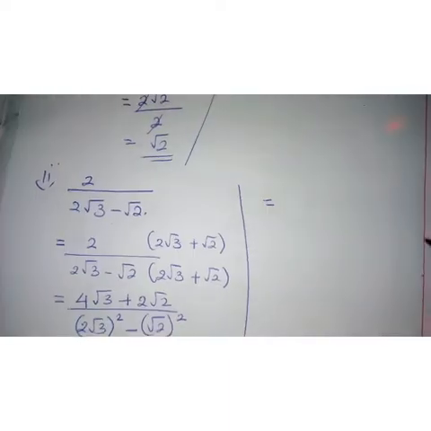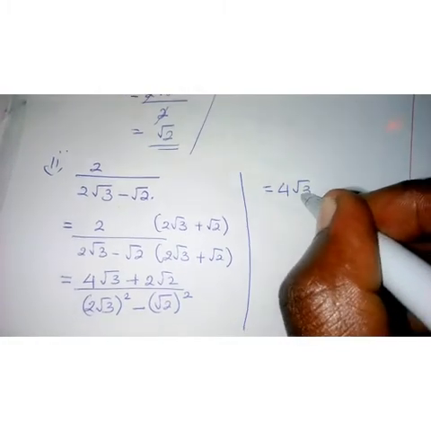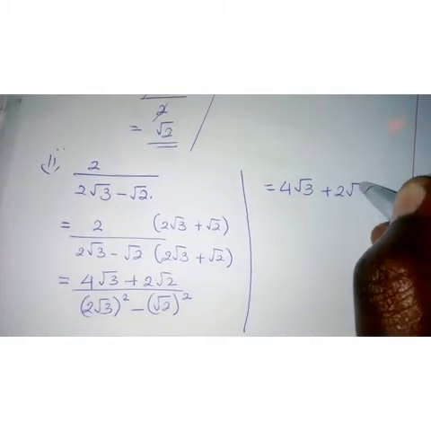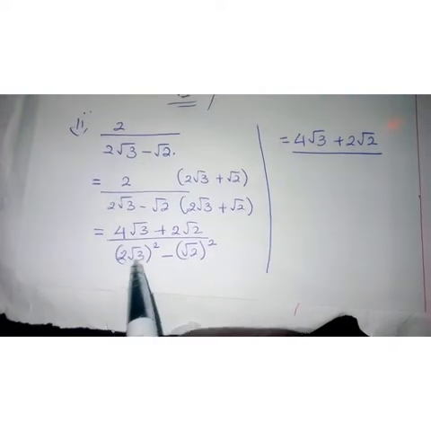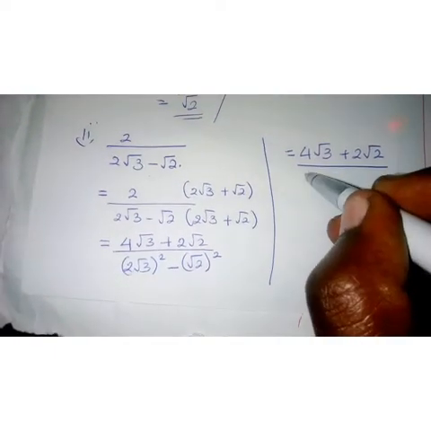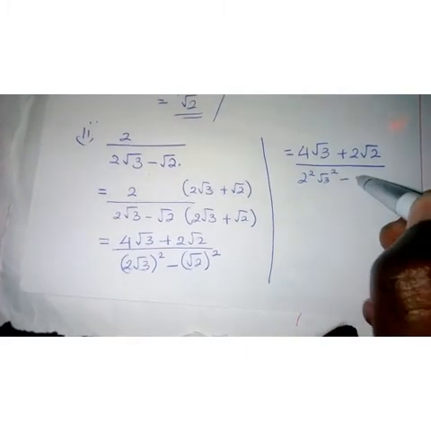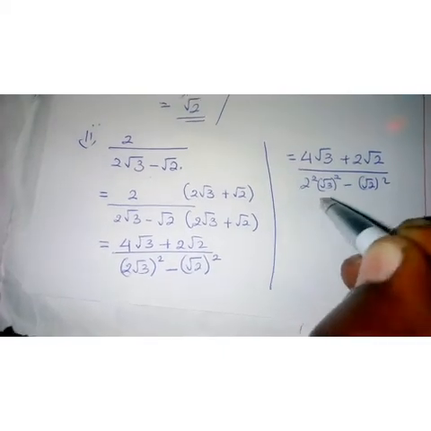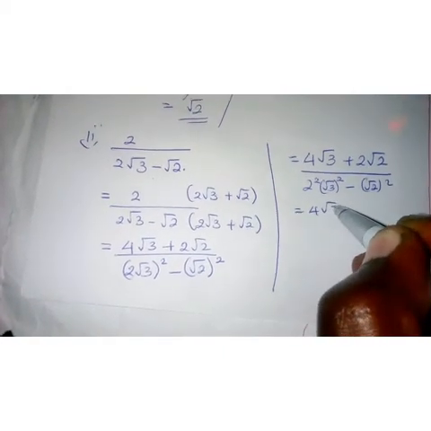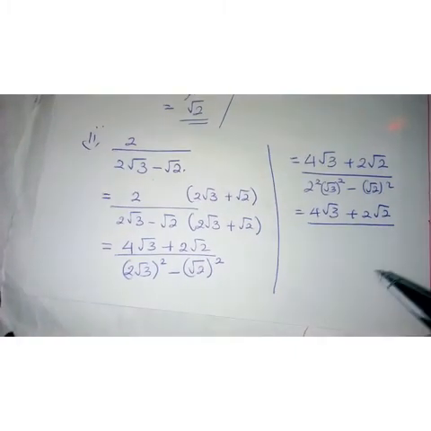We shall have 4 root 3 plus 2 root 2 out of, now 2 root 3 squared is the same as saying 2 squared times root 3 squared, minus root 2 squared.